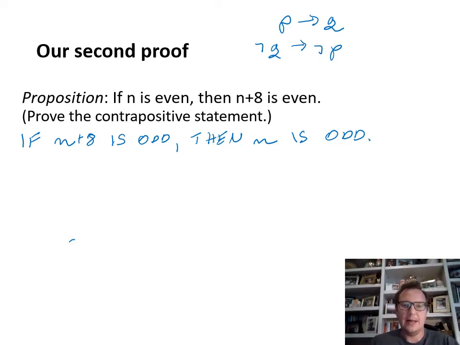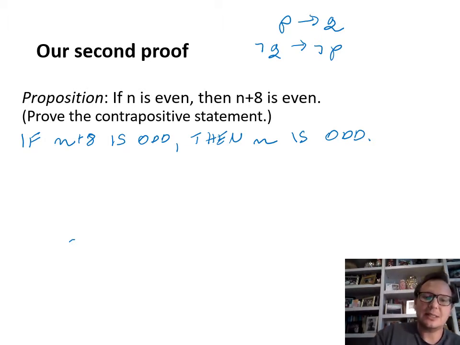Okay, great. So if we prove this contrapositive, then we also proved the original proposition. So let's try to prove the contrapositive. Okay, so let's first state the facts that we know in the hypothesis, and then using that we'll try to derive the conclusion that n is odd.